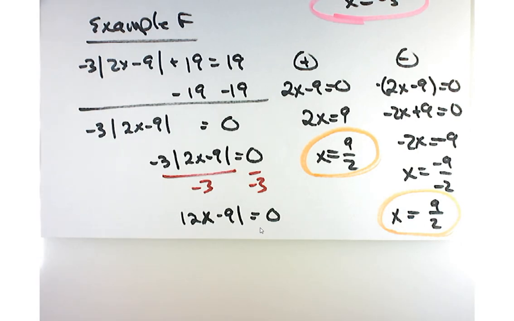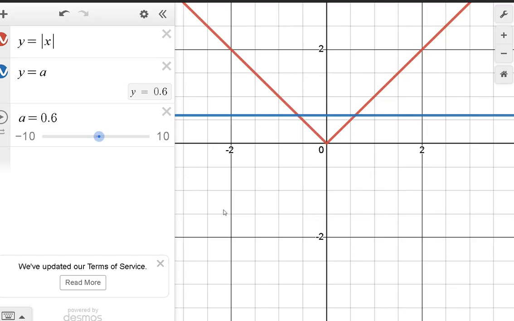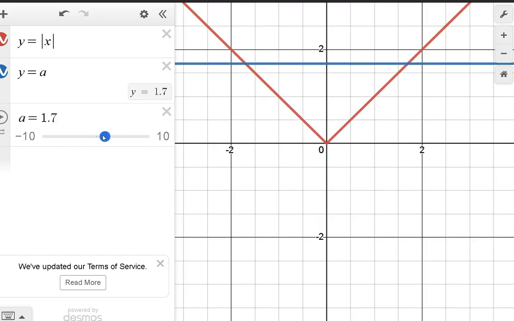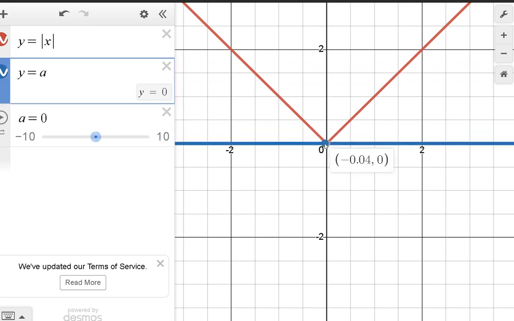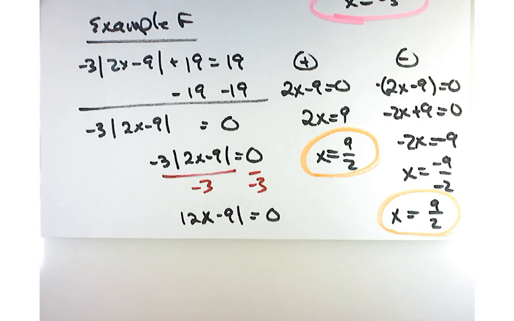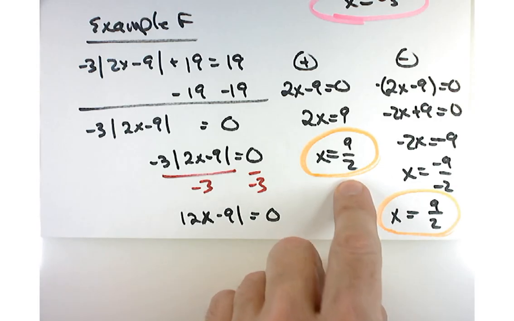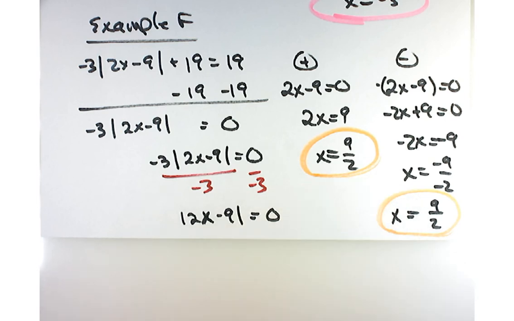You can kind of expect that when you get down to the absolute value equals nothing. And the reason for that is back up here. When you have the absolute value equal to 0, there's only going to be one solution, and that's what's inside the absolute value has to be 0. There's only one place what's inside the absolute value equals 0, and it's 9/2. So only one solution there.